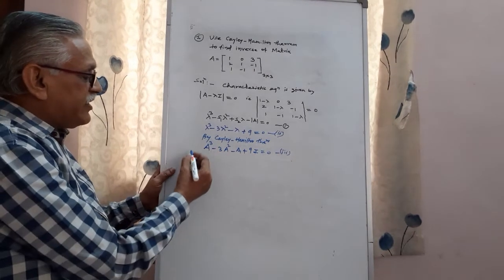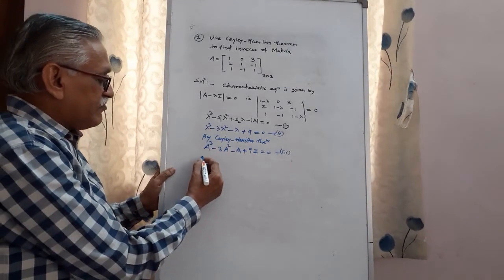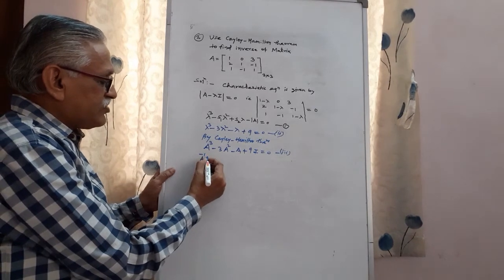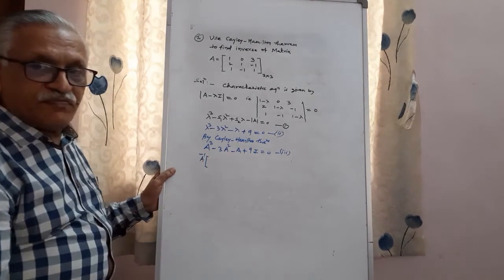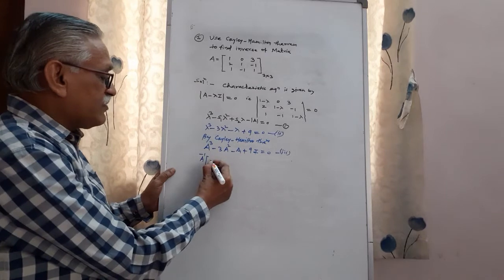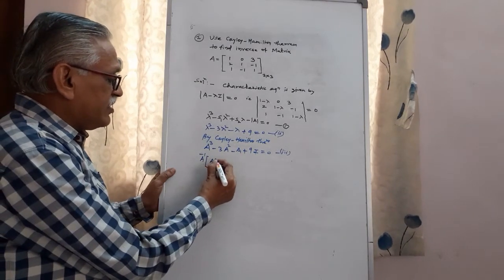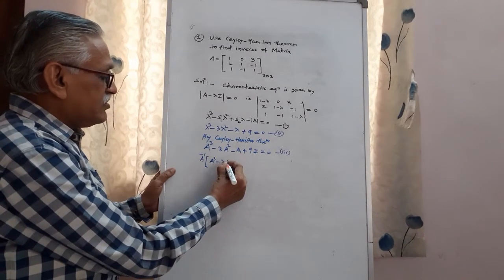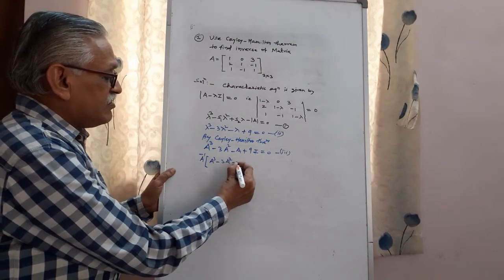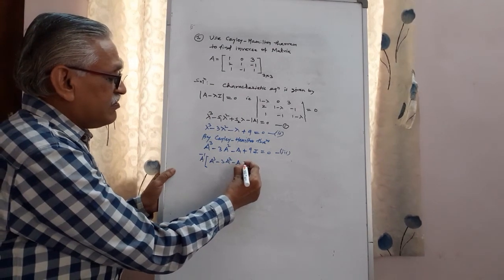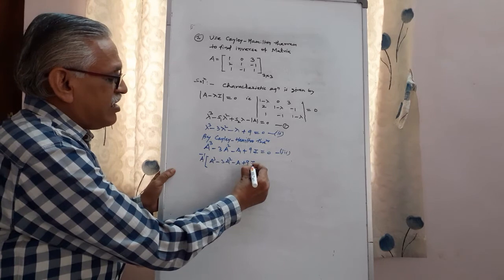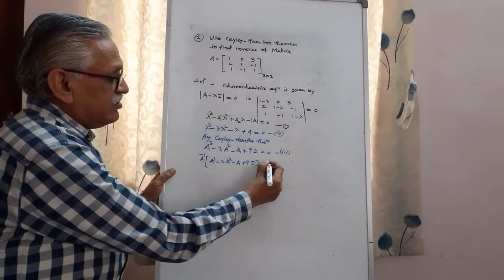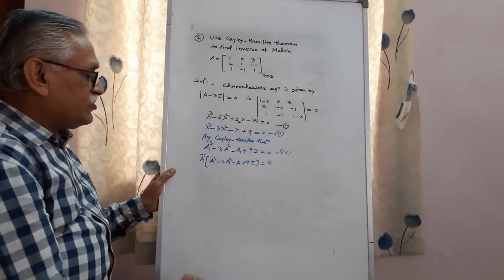Therefore, pre-multiplying it by A inverse. Multiplying by A inverse here, it is A cube minus 3A square minus A plus 9I is equal to A inverse into 0, we get 0.